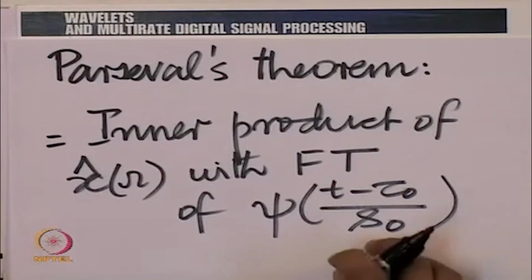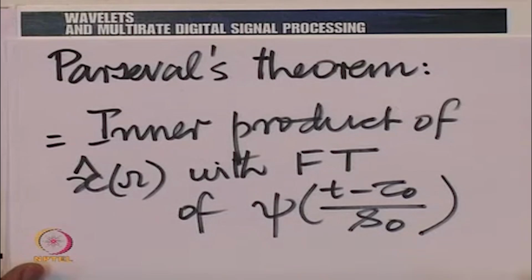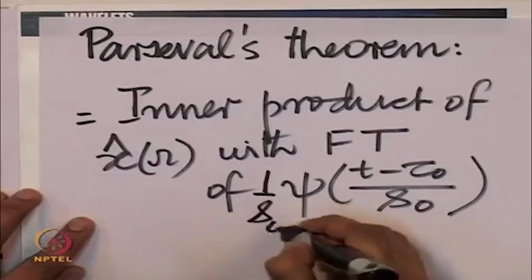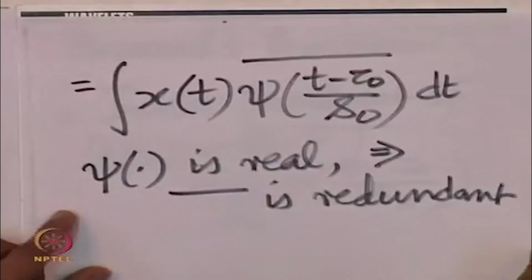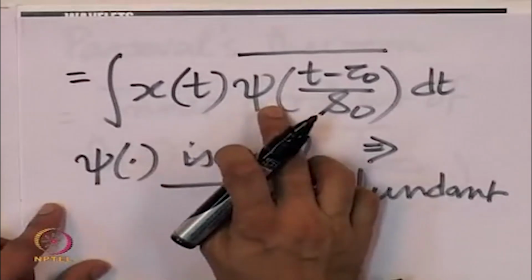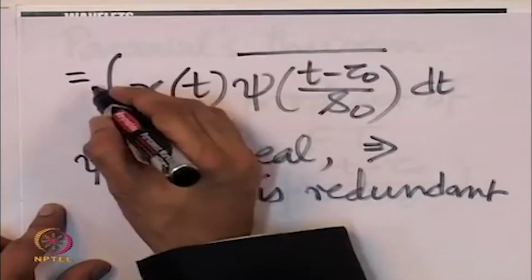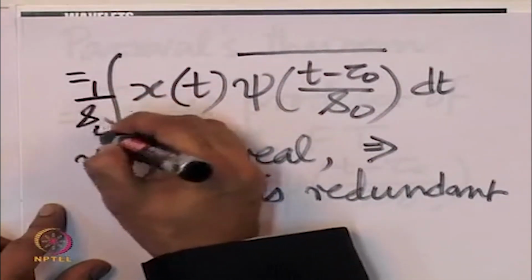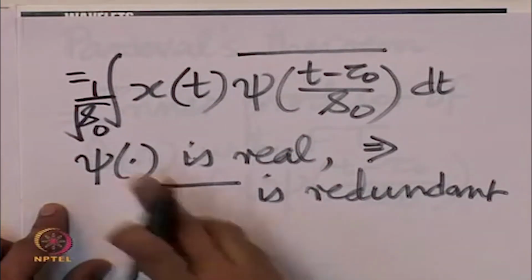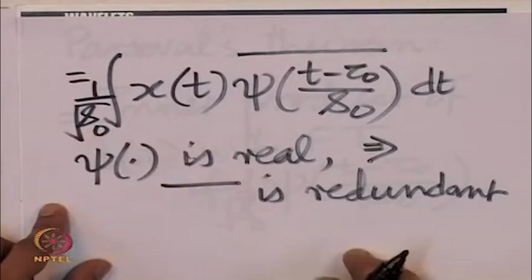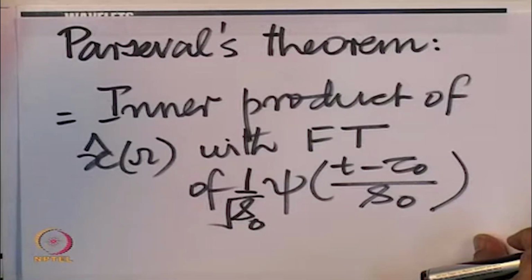And let us evaluate this, the Fourier transform of psi of (t minus tau naught) by S naught. Of course, normalized with this. And here again, although I did not need it inside the integral sign, I should keep the 1 by S naught to the power of half outside the integral sign. So, I must bring in the factor here for completeness. So, let us evaluate this.